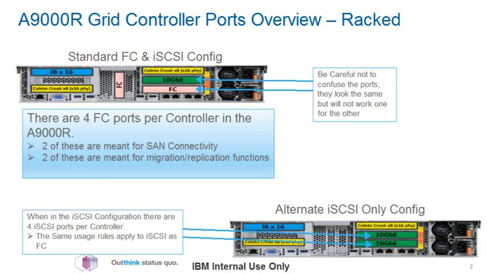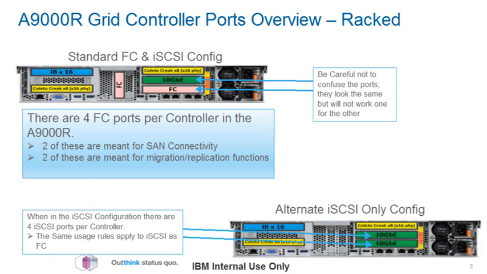As for the 4 FC ports, 2 are meant for SAN connectivity and 2 are meant for migration and replication functions. You can use those for standard SAN connectivity if you have no plans on migration or replication, meaning that you would only ever have 1 unit in your environment or not have any desire to move data in or out of it.